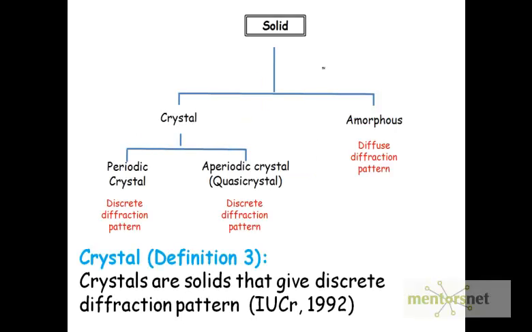About 8 years later, the International Union of Crystallography actually included these aperiodic crystals or quasicrystals as a kind of crystal. So they redefined a crystal as not one having a periodic arrangement of atoms, but one which gives a discrete diffraction pattern.